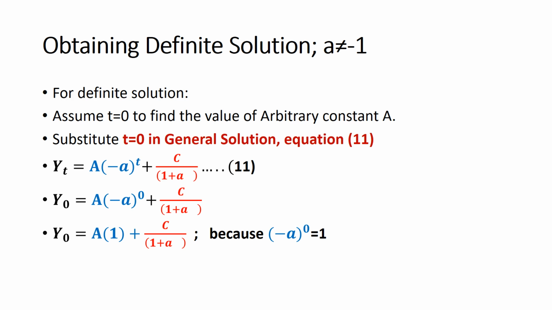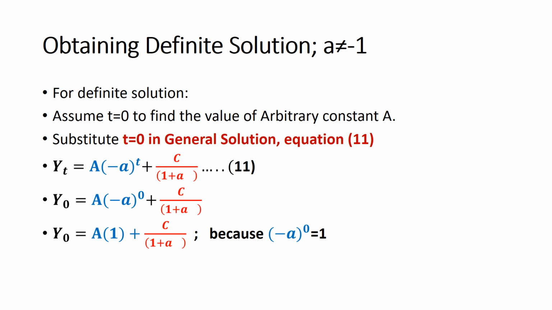So the general solution is yt is equal to arbitrary constant. The blue part is the yc complementary function, and the red part is called the particular solution or function. So yt is equal to arbitrary constant capital A into minus a to the power t plus c over 1 plus a.